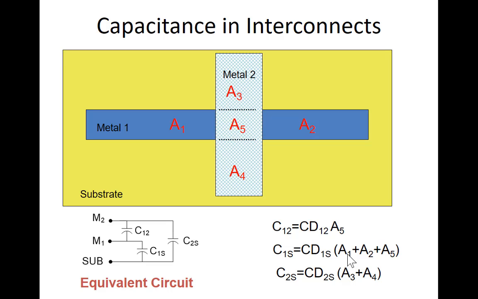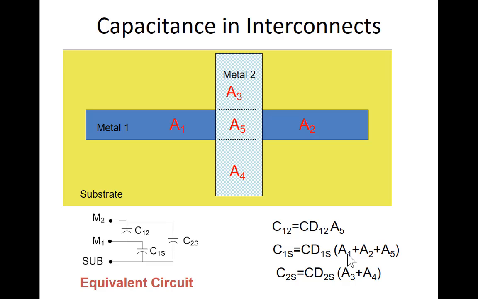Substrate. Just substrate. And what is the area that you have for metal 1 where you see substrate below it? A1 plus A5 plus A2 is just one smooth layer, right?